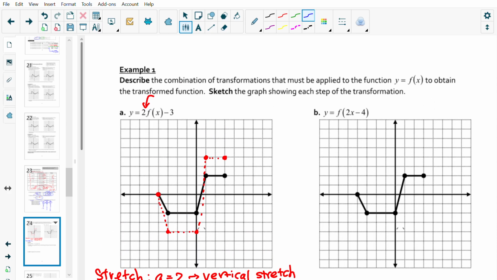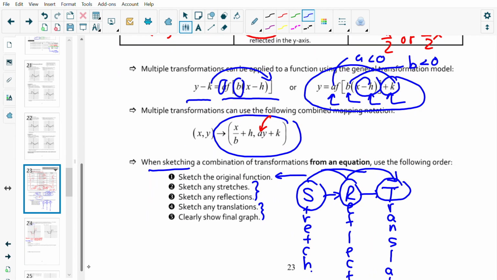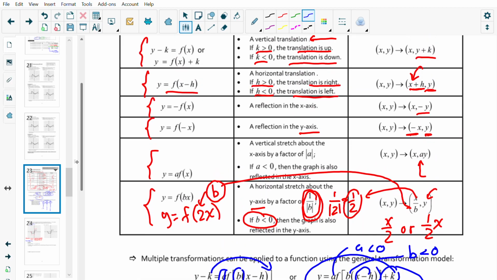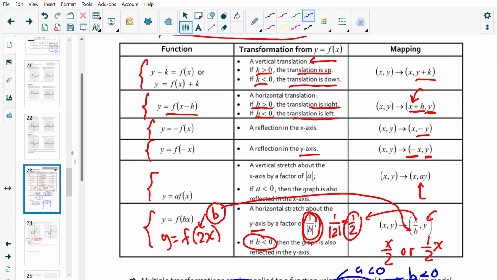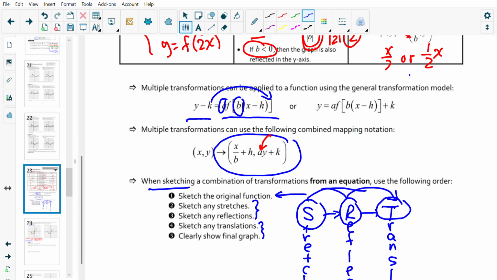So remember, we're in the proper form. y equals 2f of x minus 3. Well, that's my k value. And it's in the form minus k, right? So k equals, oops. Where's our general form? Right here, folks, sorry. Okay, the form is plus k, sorry about that.